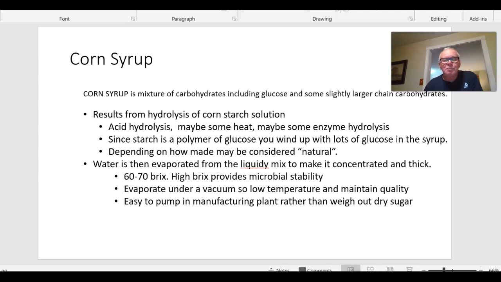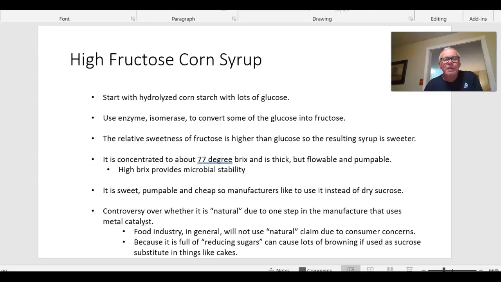High fructose corn syrup is just a little different. In order to make high fructose corn syrup, you're going to start out with hydrolyzed cornstarch. You're going to start out basically with corn syrup. And then you're going to take an enzyme called isomerase. Isomerase will convert some of the glucose in the corn syrup into fructose.